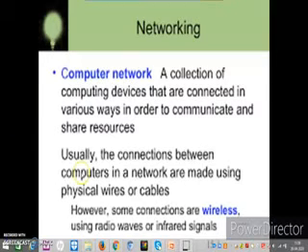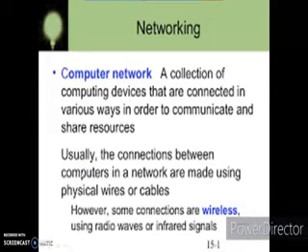Now first we should understand what a computer network is. As I discussed, a computer network is a collection of computing devices that are connected in various ways. Usually the connections between computers in a network are made using physical wires or cables, as you have seen in your labs, at your schools.